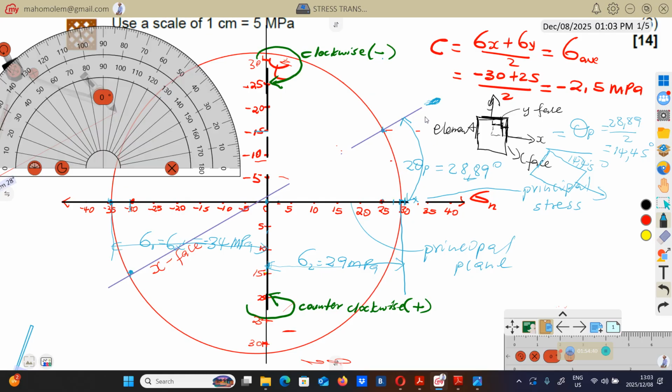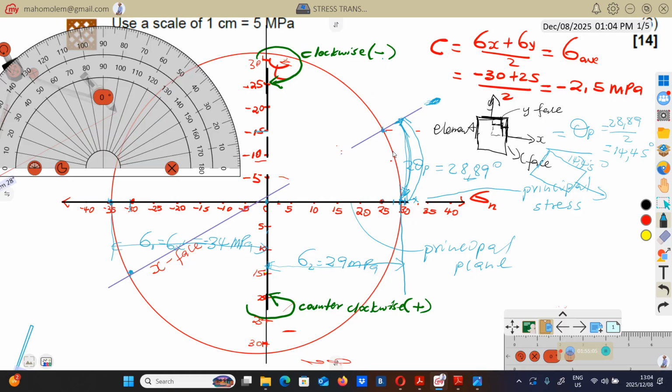So to move this purple line to the point of zero shear stress, we have to take this line and rotate it from here to there. When you rotate this, in which direction are you rotating? We are rotating in a clockwise direction.